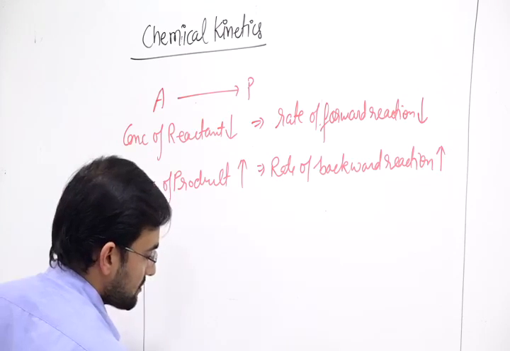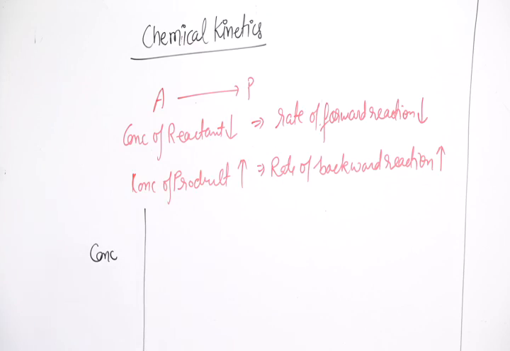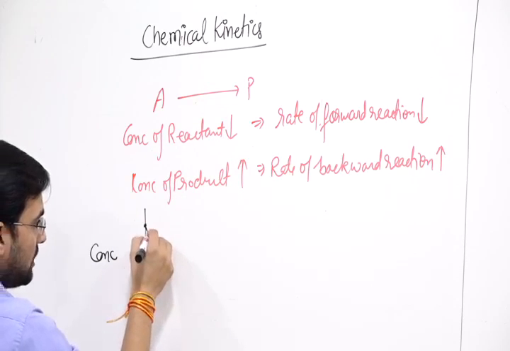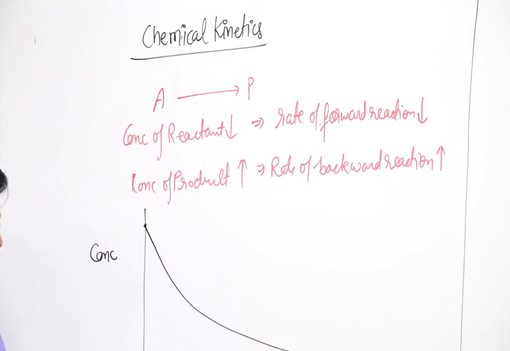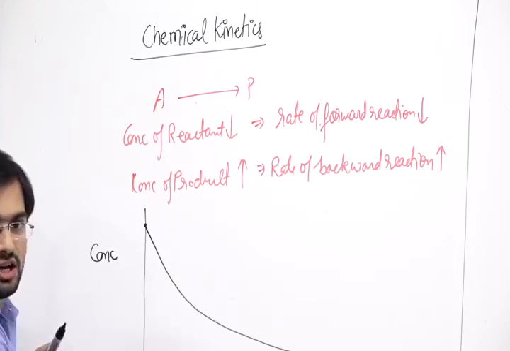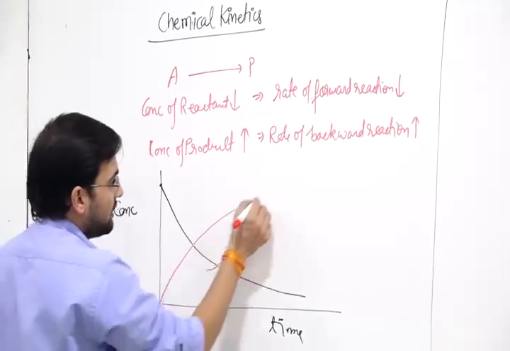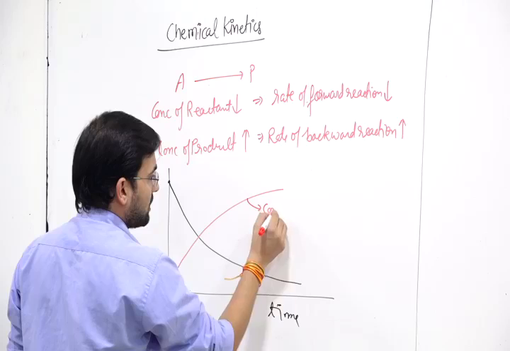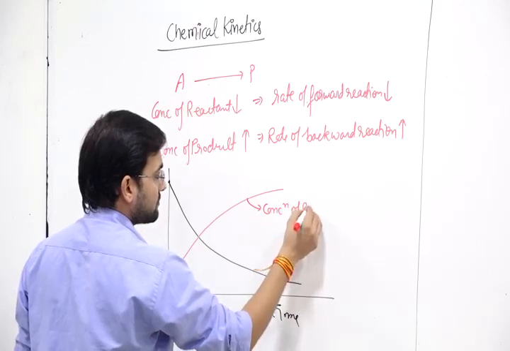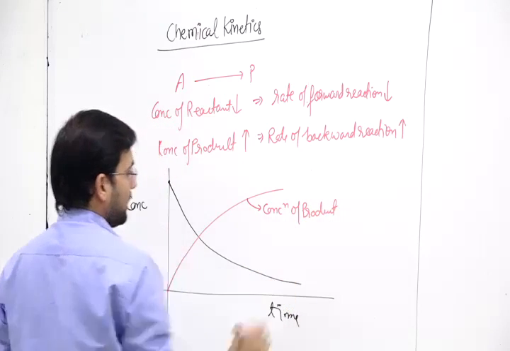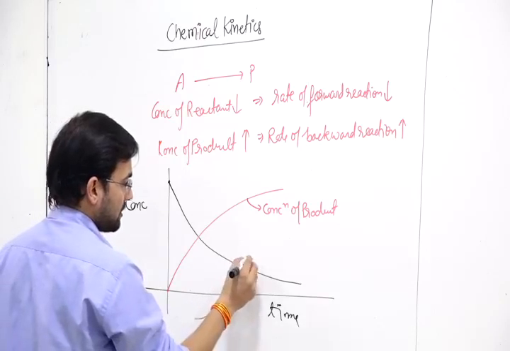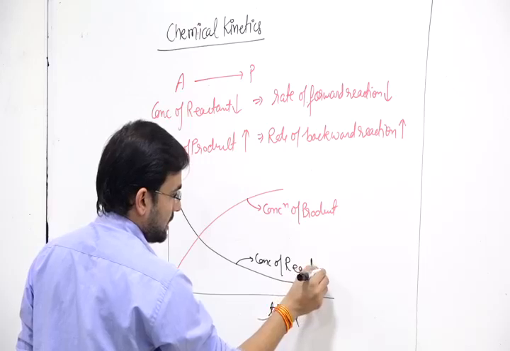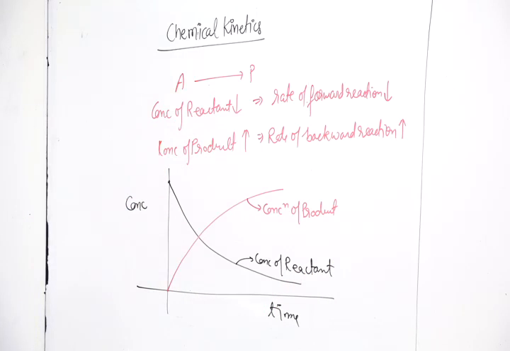Concentration-time graphs. When you have reactant, its concentration decreases, and when you have product, initially there is no product, so then concentration increases. So this is concentration of product. This is concentration of reactant. Correct?